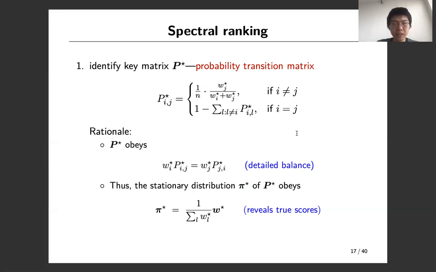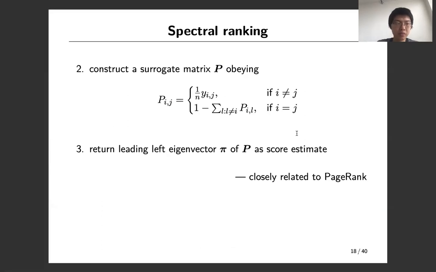Given such information, we can then move to the second step, where we construct a surrogate matrix P using the data we have. We can simply put the off-diagonal entries to be 1 over n times Yij and put the diagonal entries similarly to make it a probability transition matrix.